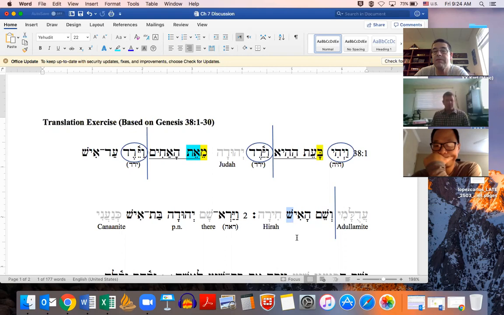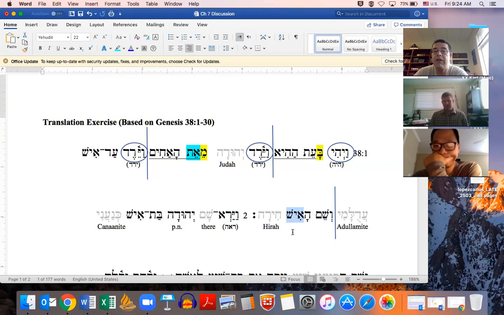I don't believe so. Good, no, we don't. Do we ever have elements added to the front of a word with a hey? Yes, the definite article, which tells us it's probably a noun, and then we would identify the word as ish.